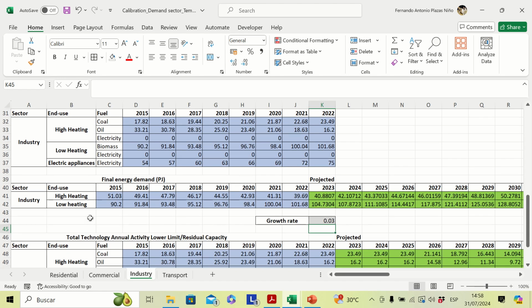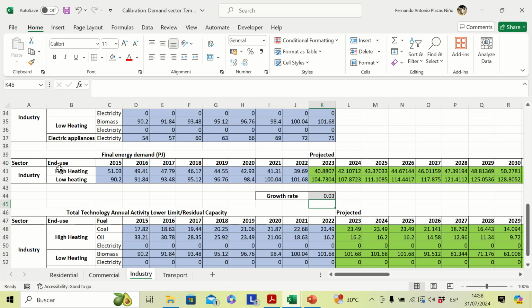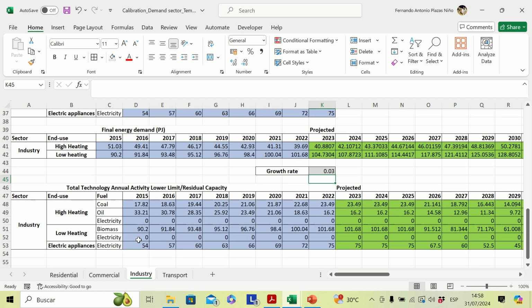And then once again, we need to look for the industry high heating demand, low heating demand, outdated values, and the same would be for the annual activity lower limit and the residual capacity, just following the same process that we did for residential and commercial. That would be essentially all.